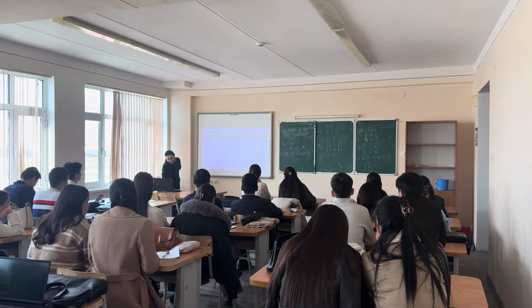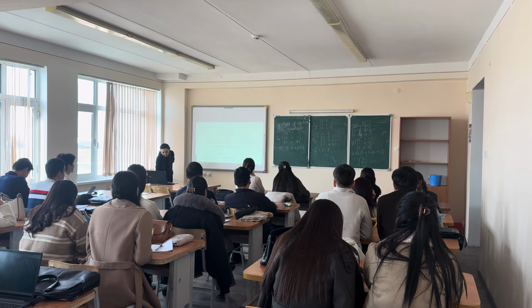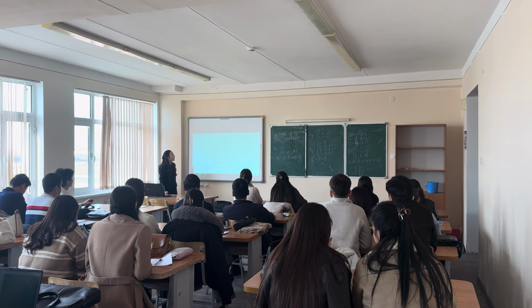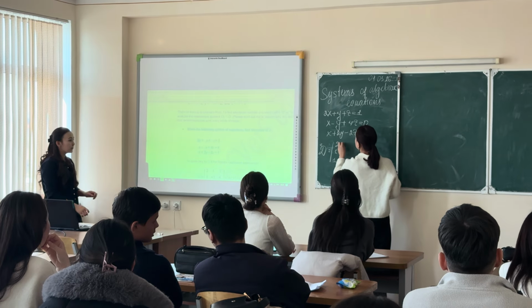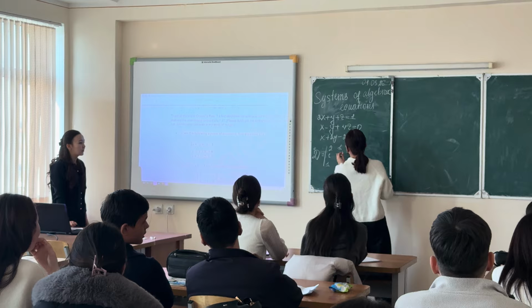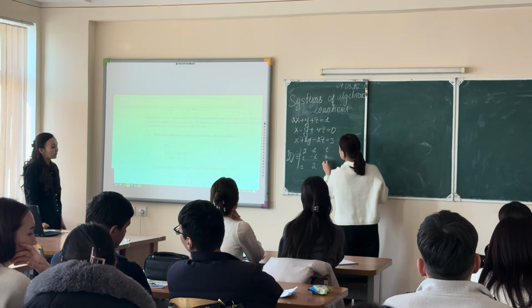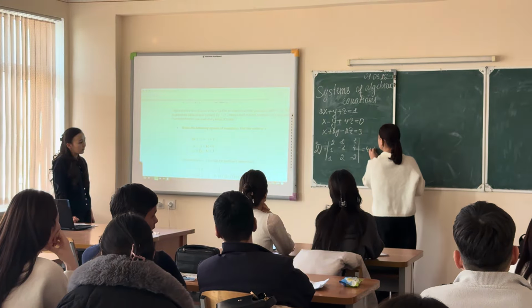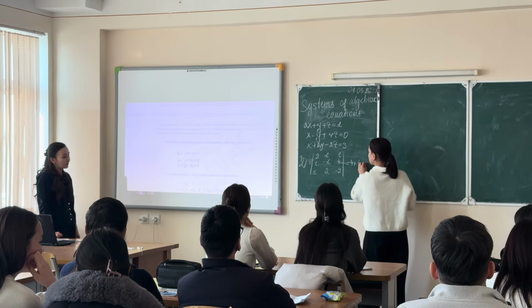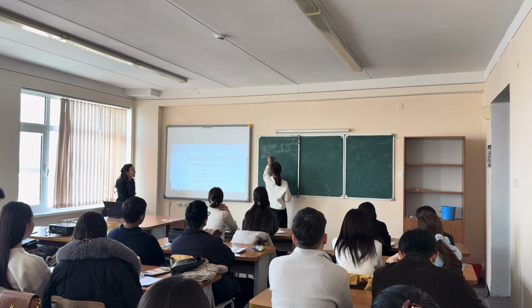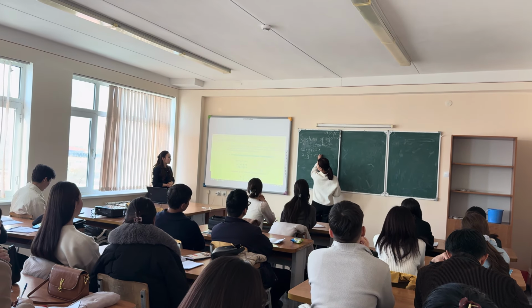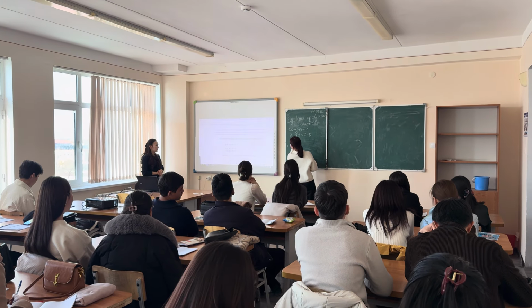So Cramer's rule says that x equals dx over d. Now another system: plus 2, minus 1, plus z equal to 1, x minus y plus 4z equal to 0, plus 2y minus 2z equal to 3.